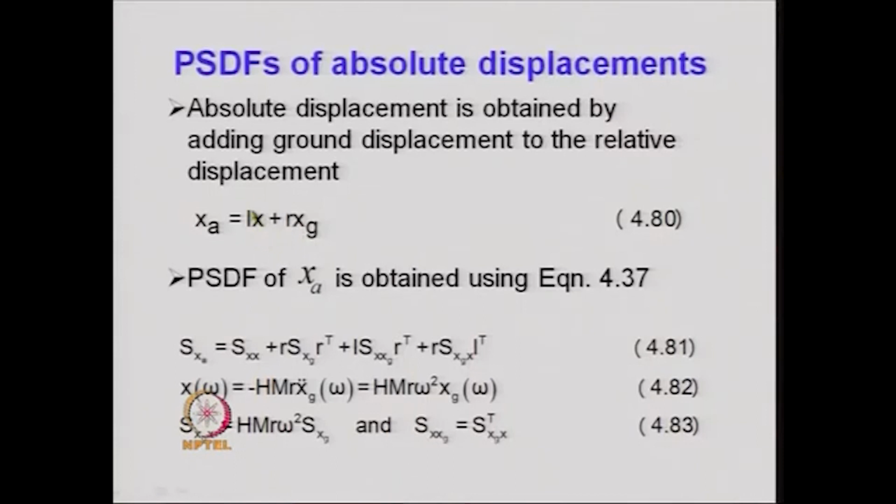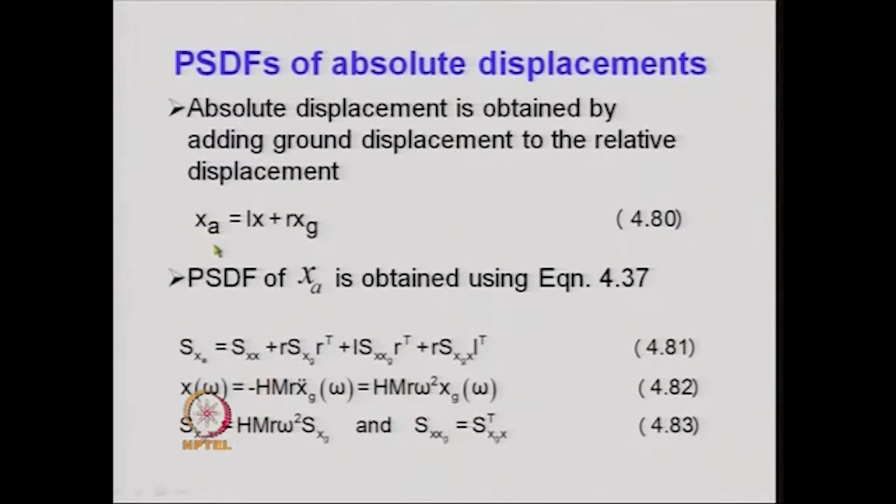The relative displacement x, with respect to the base, of the non-support degrees of freedom is pre-multiplied by an identity matrix I. The addition of these two becomes the absolute or total displacement at different degrees of freedom.